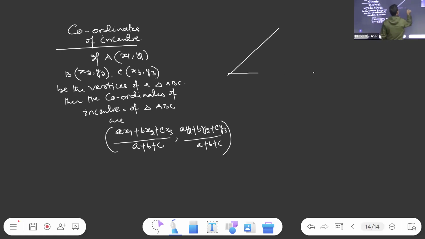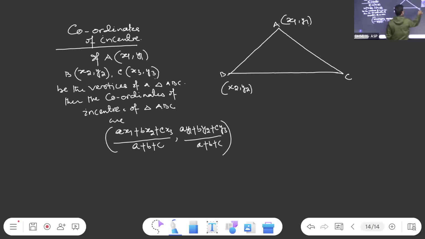This is triangle ABC. The coordinates of vertex A are x1, y1. Coordinates of vertex B are x2, y2. Coordinates of vertex C are x3, y3.